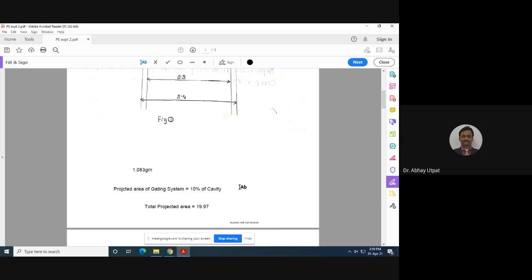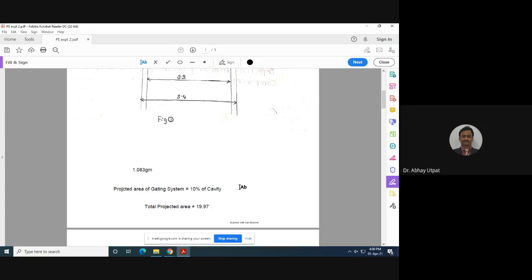I am repeating my statement a third time. Imagination is required here. Assume that you have one plate like a compass box. In that compass box, two holes are machined, and at the center you are going to machine the gating system. So that area which is perpendicular to the plate is called the projected area, which is calculated by pi by 4 d square for one hole, pi by 4 d square for another hole, and 10% addition.